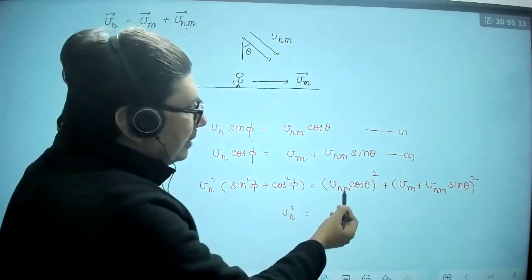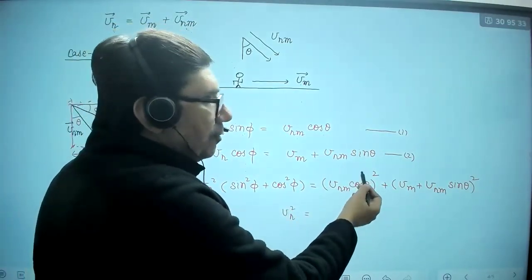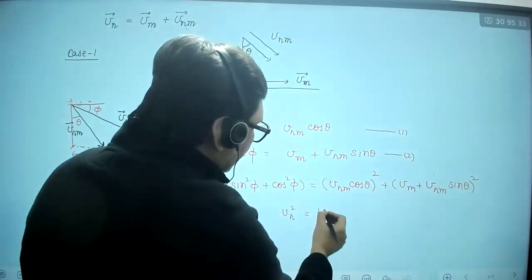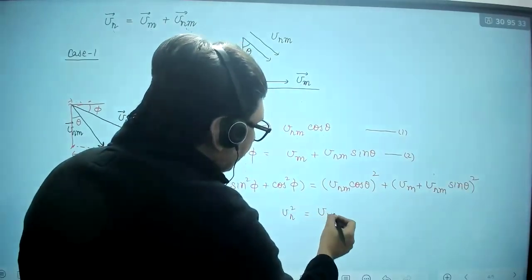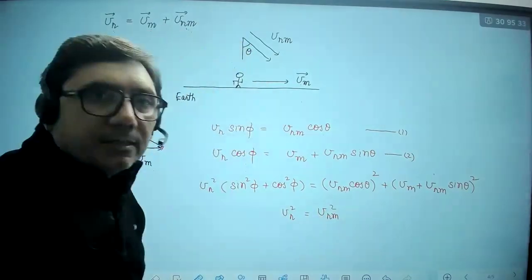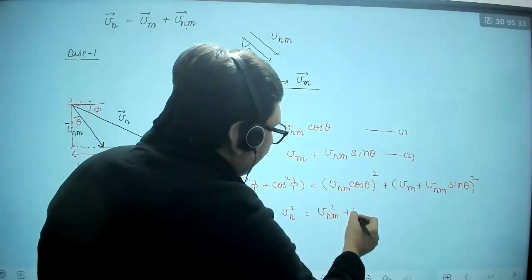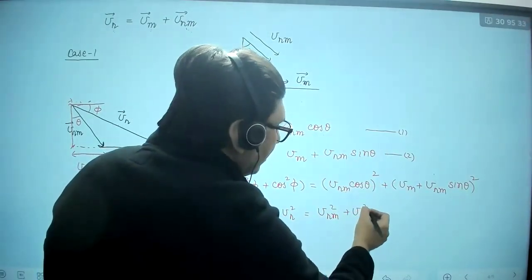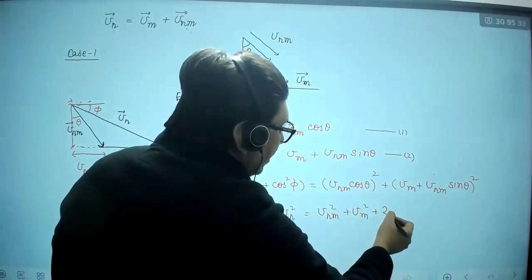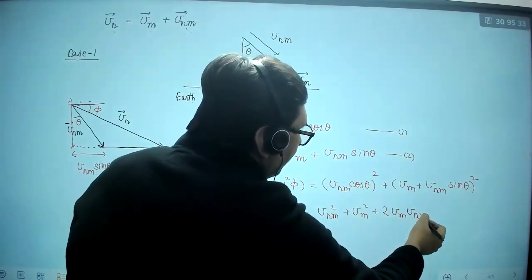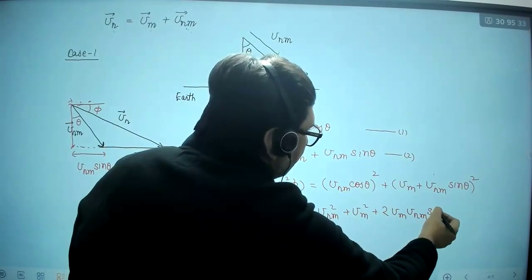On this side, this is VRM square cos square theta. Here VRM square sin square theta. So this will be VRM square, okay? Plus VM square, plus 2 times VM, VRM and sin theta.